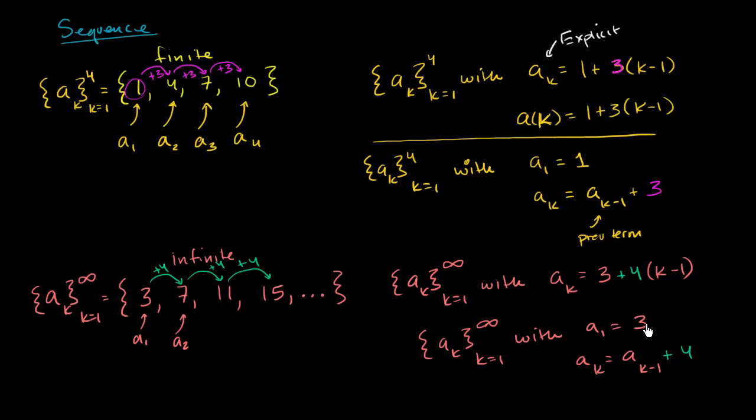And once again, you start at 3. And then if you want the second term, it's going to be the first term plus 4. It's going to be 3 plus 4. You get to 7, and you keep adding 4. So both of these, this right over here is a recursive definition. Recursive. We started with kind of a base case, and then every term is defined in terms of the term before it, or in terms of the function itself, but the function for a different term.